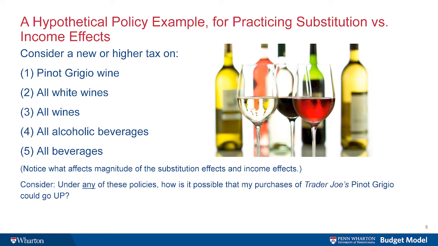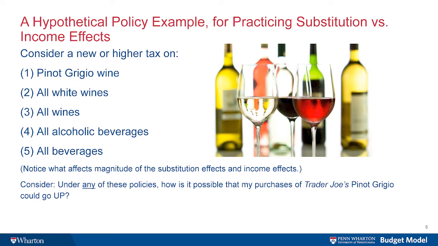And so one way that I can cope with the tax on Pinot Grigio wine or any of the other broader based taxes is to increase more of my purchases of cheap Pinot Grigio as opposed to expensive Pinot Grigio. So it is actually possible that before the tax, I tended to buy more expensive Pinot Grigio.